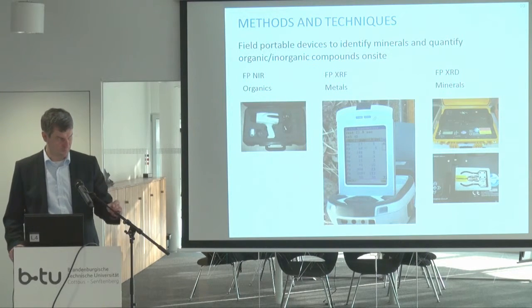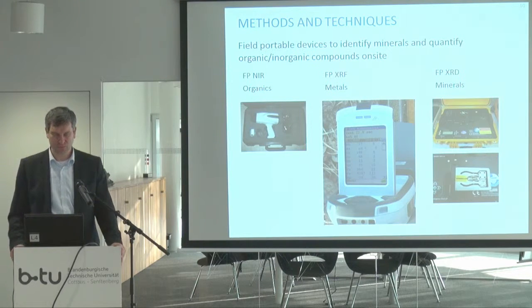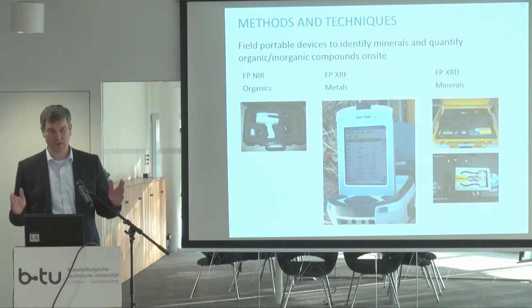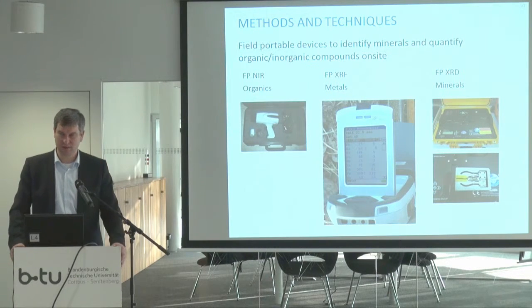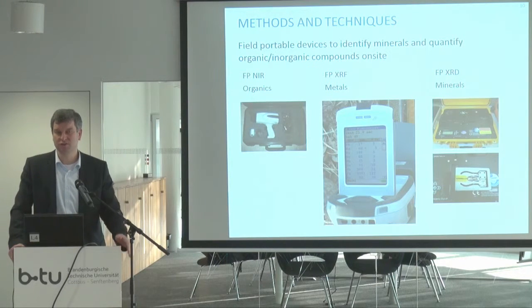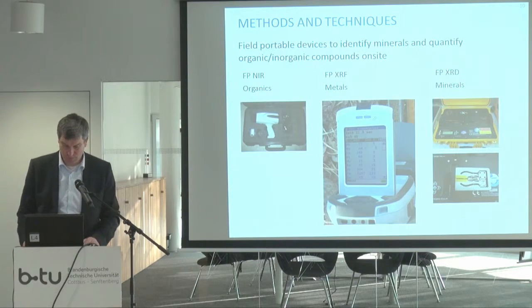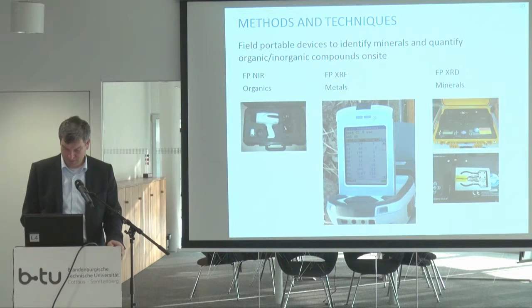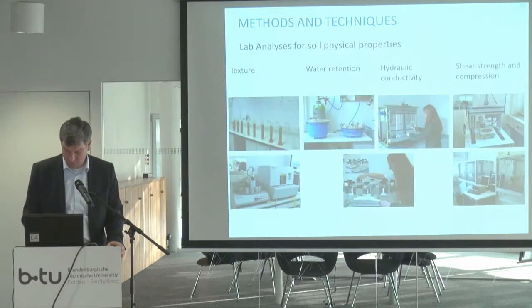If you have 1,200 parts per million lead or more, you have to clean this site up. And we have sites in Germany that have contaminations that are 400 years old, and they still have these high amounts. So these are techniques we use for studying the past environment, so to say.